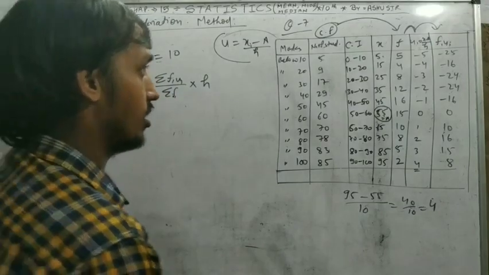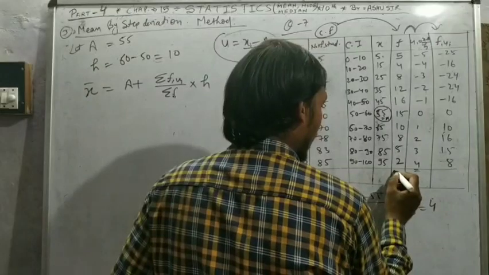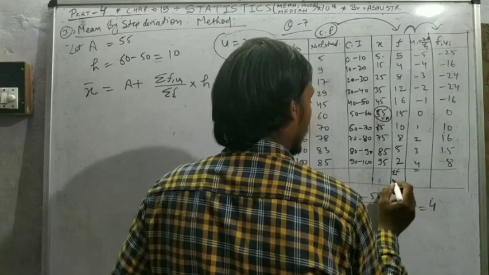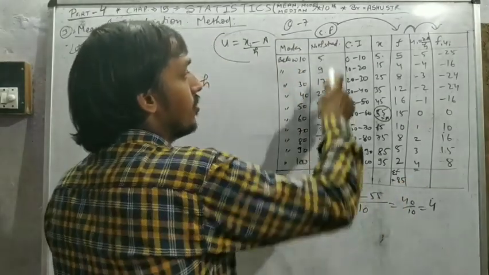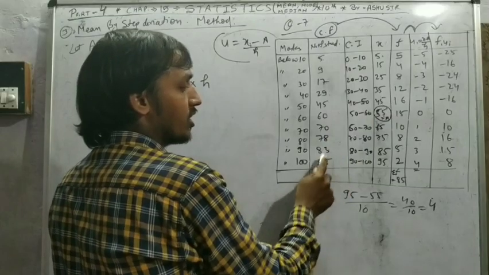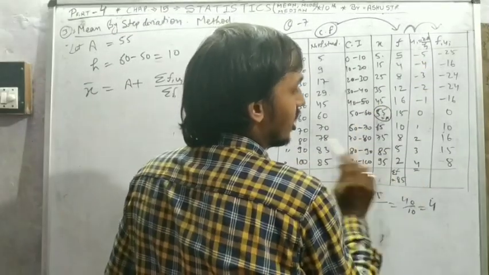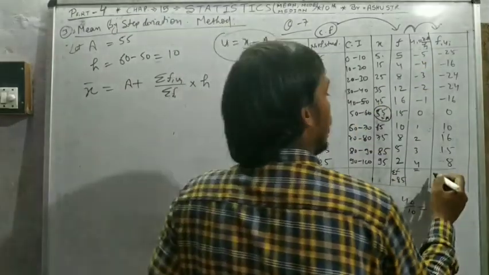Then summation of f, 85. You can add it, because as the last cf is 85, the sum of all these is 85. You can check it also.